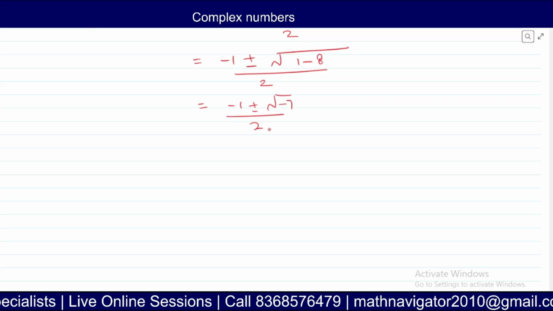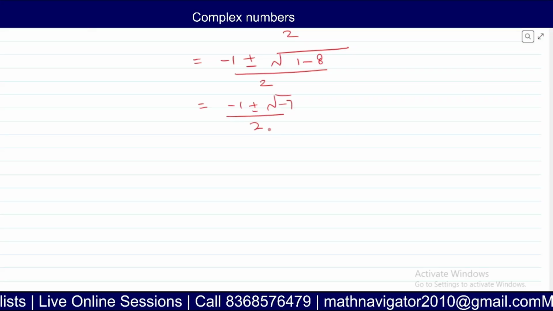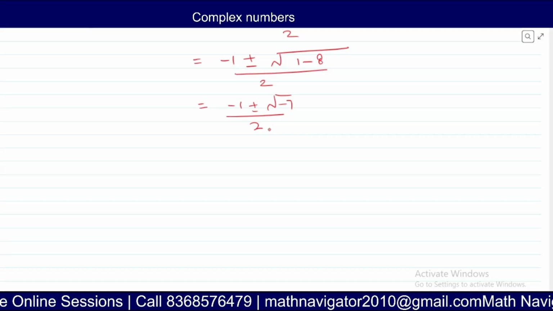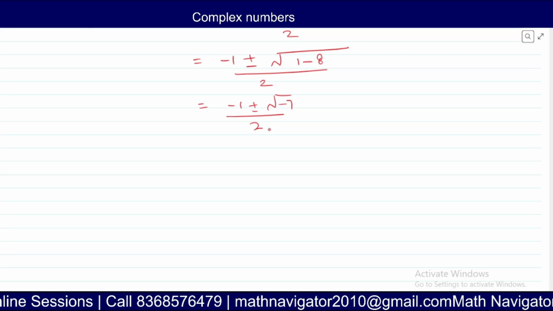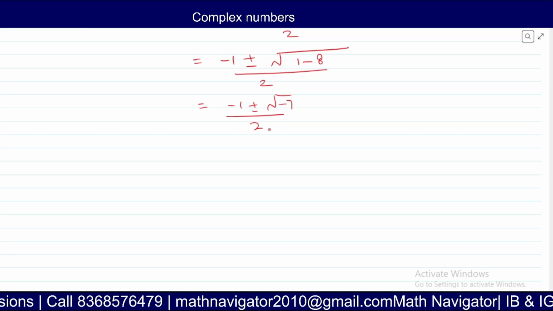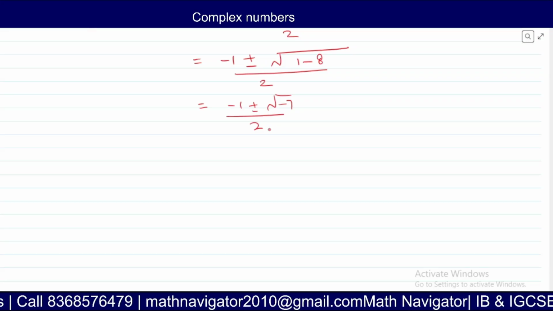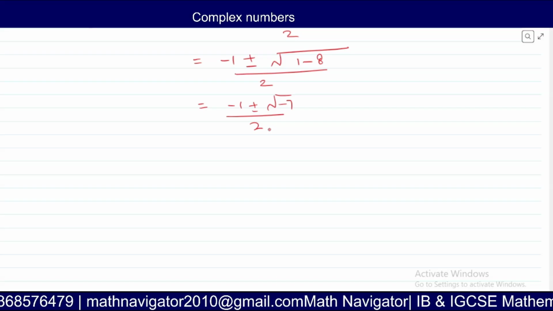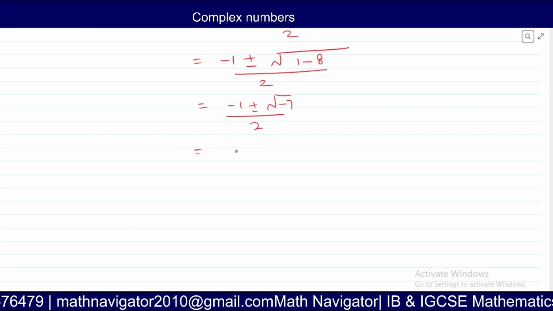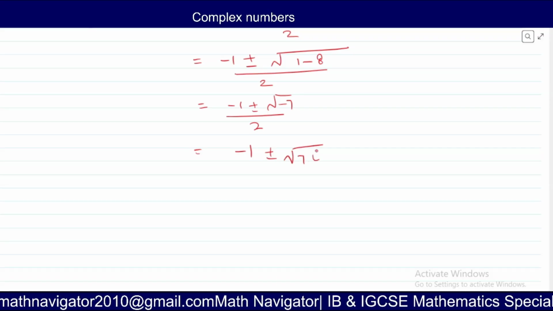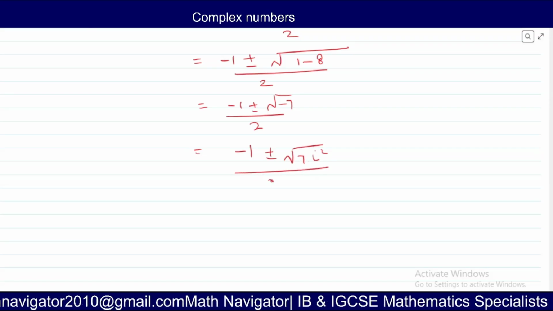See, in previous classes, you would say there is no solution for this because b squared minus 4ac is less than 0. But here we will not say that. The correct statement is, it does not have any real solution. But yes, it does have a complex solution. It is -1 plus minus under root of 7 i squared over 2.